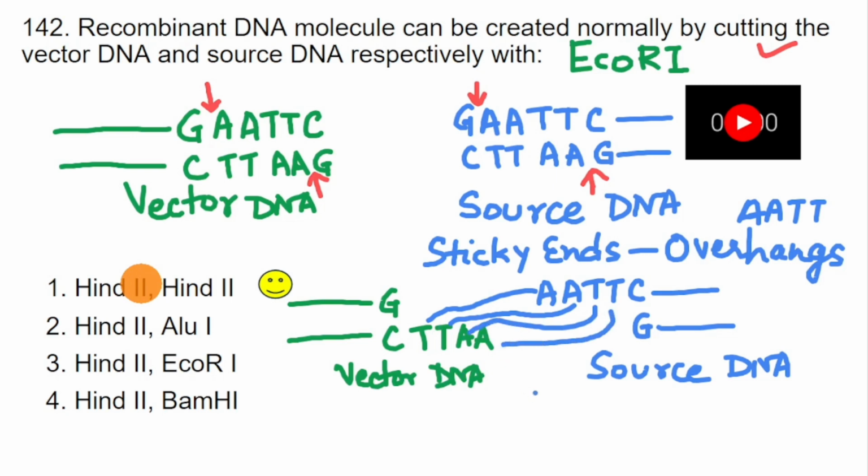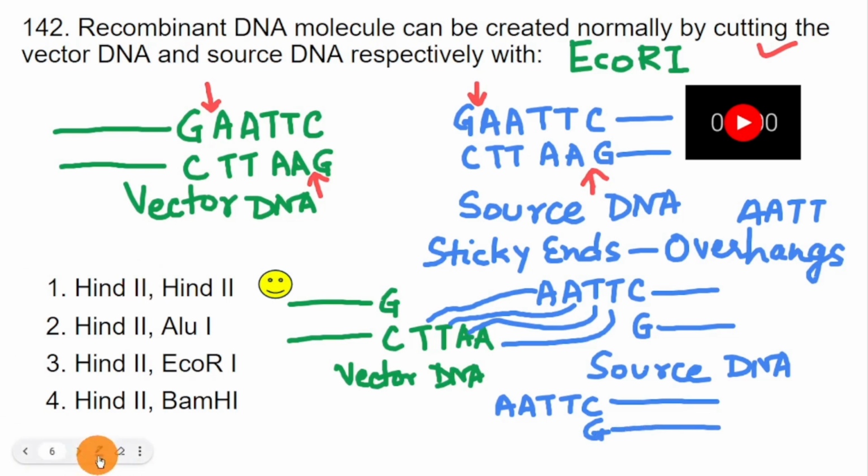So now you will have a recombinant molecule which will look something like this. AATTC and G. With the green color, I will show you the vector.